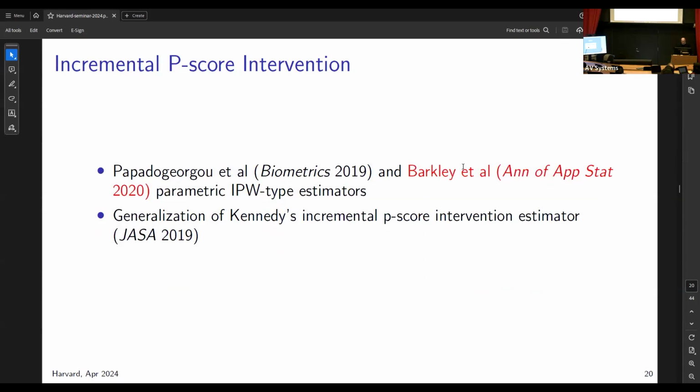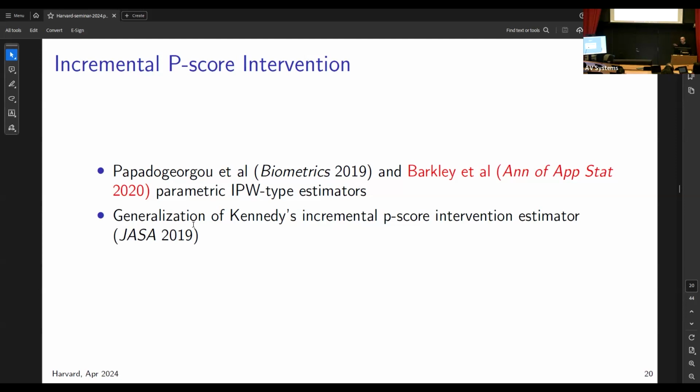That's the idea in this paper by Barkley et al. And Papadogeorgiou had basically the same idea in a paper that came out right around the same time. Ed Kennedy also has a paper, which came out in JASA a few years ago, that talks about this idea of shifting everybody's propensity score the same amount on the odds scale.